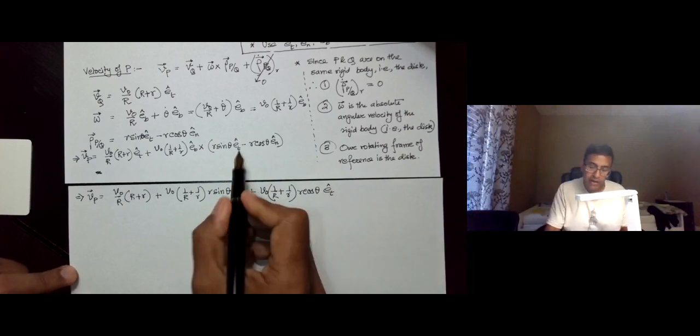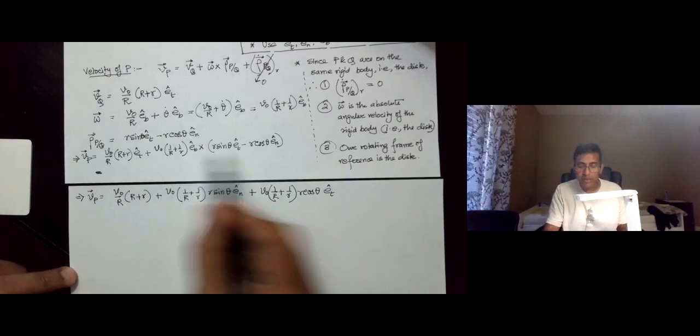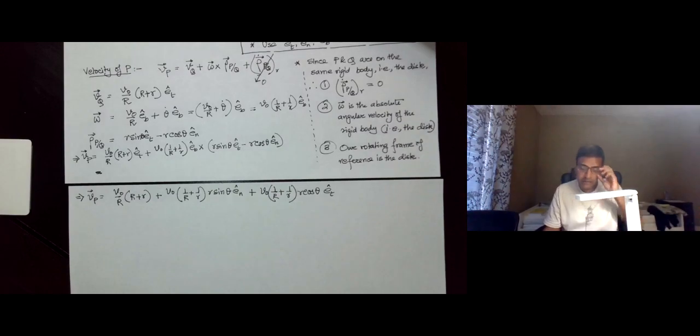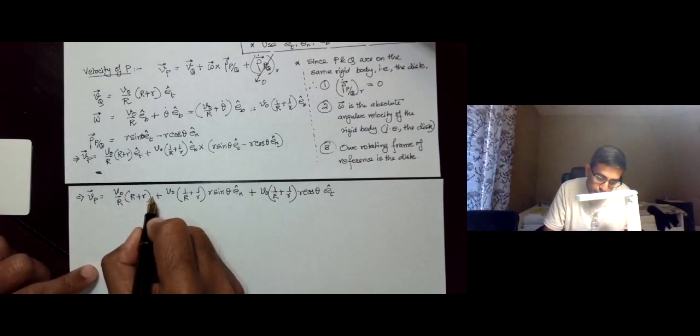This minus became a plus because when we do EB cross En it gives us negative Et. Here we should put Et.